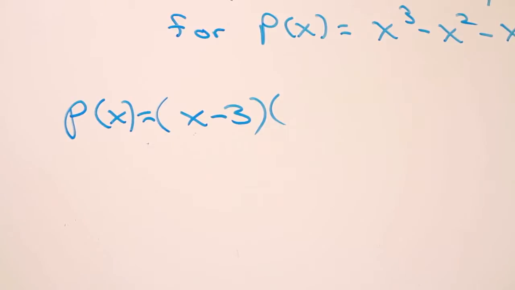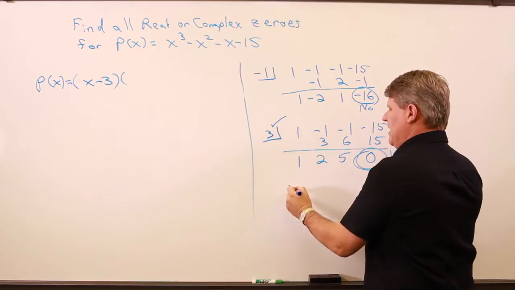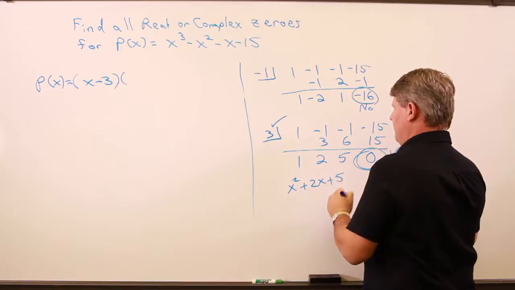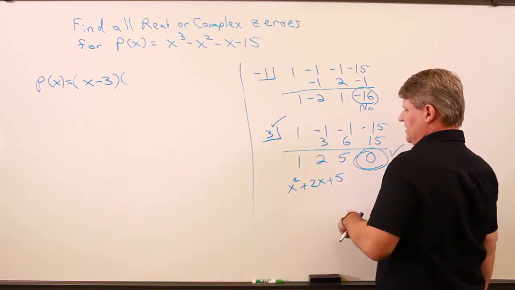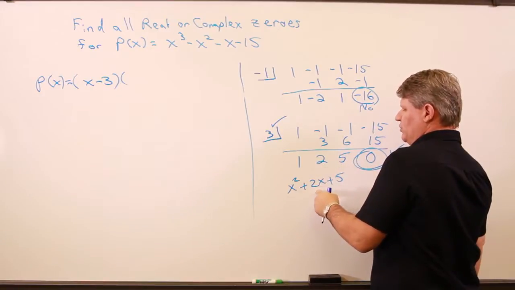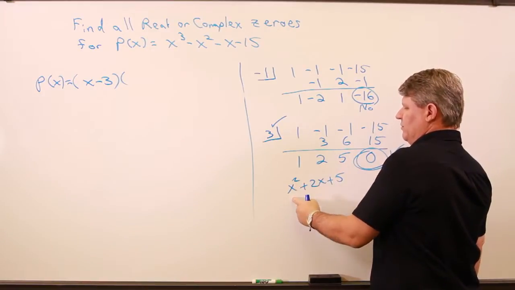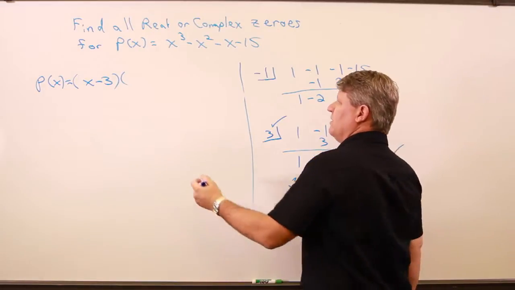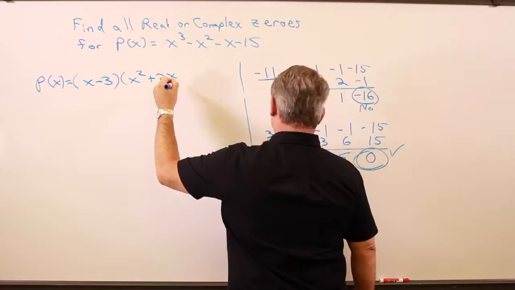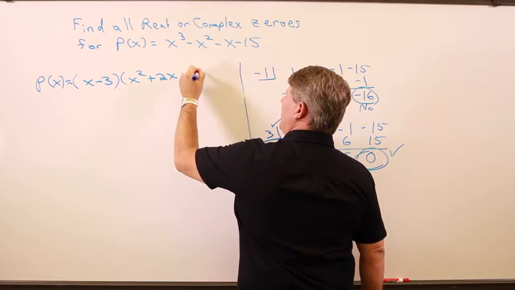In this case, my quotient is x squared plus 2x plus 5. Remember, when you're looking at the synthetic division, the last term is your constant term, the second number is your x to the first term, and your third number is your x to the second term. So my polynomial is x squared plus 2x plus 5.